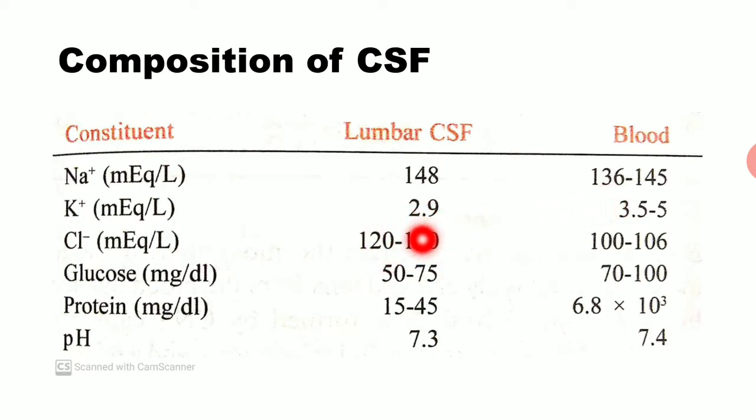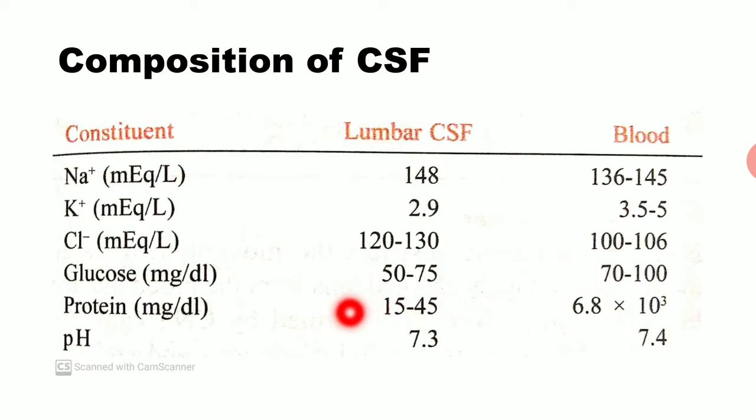In lumbar CSF, potassium is 2.9 and in blood it is 3.5 to 5. Chloride in lumbar CSF is 120 to 130 and in blood it is 100 to 106 milliequivalent per liter.